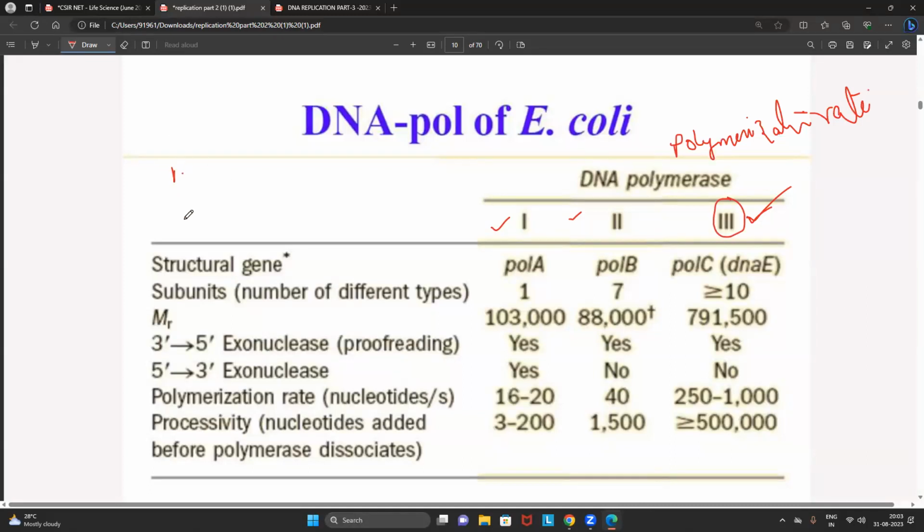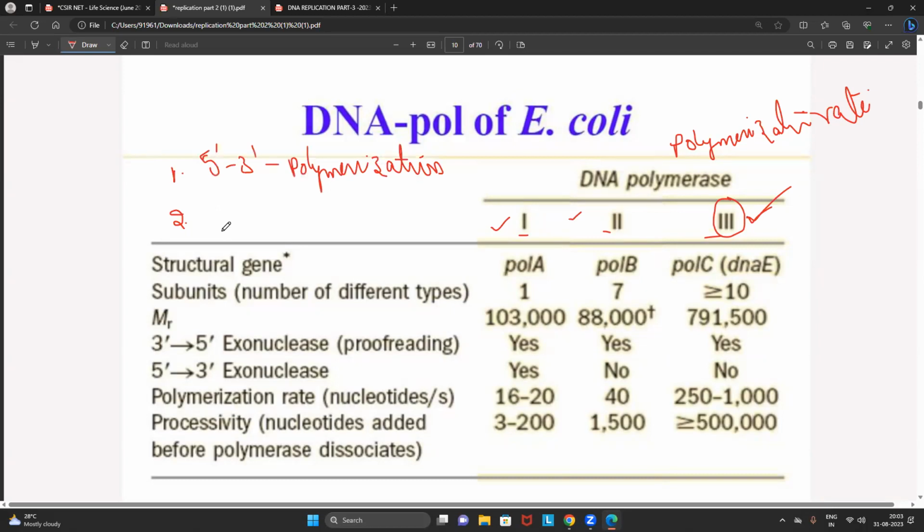Every single DNA polymerase generally will show 2 functions. What I'm trying to explain to you, friends, polymerase 1, polymerase 2, polymerase 3. These 3 enzymes are basically going to perform 2 functions. What is that function, friends? 5' to 3' polymerization, which means, friends, synthesizing the daughter strand in 5' to 3' direction.